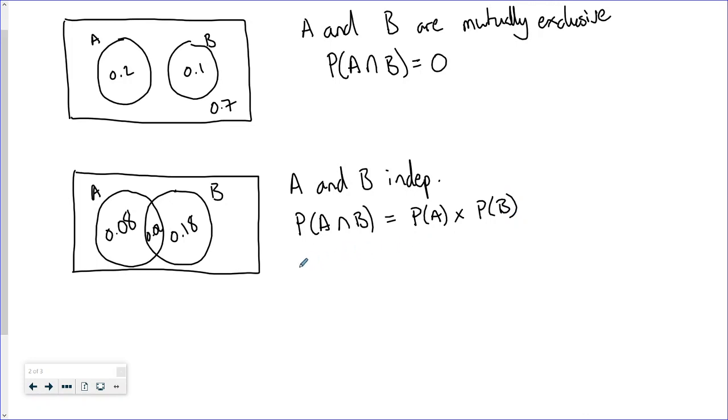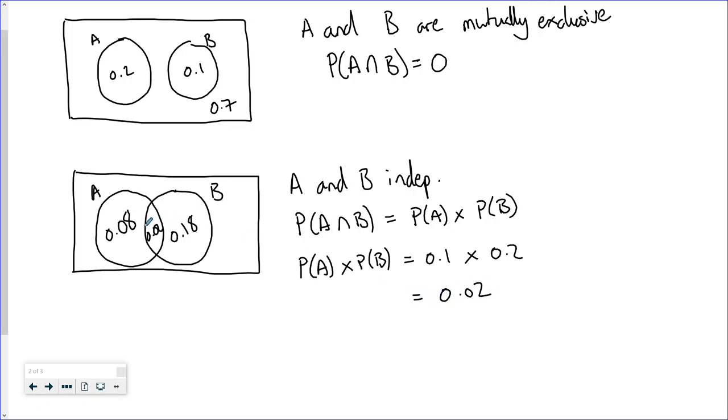Well, let's check whether this works. So here we've got probability of A times probability of B is equal to probability of A happening, which is all the probability within the A circle, 0.1, multiplied by all the probability within the B circle, which is 0.2. And if you times them together, you get 0.02.